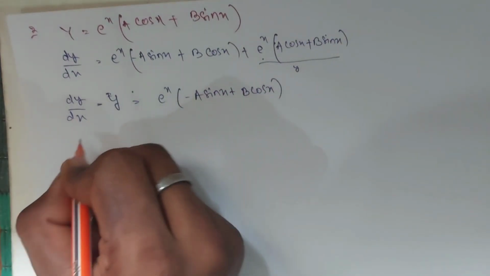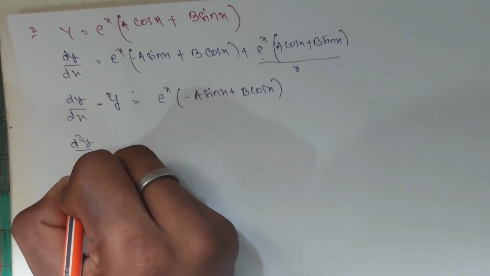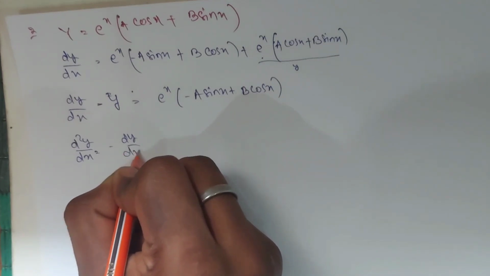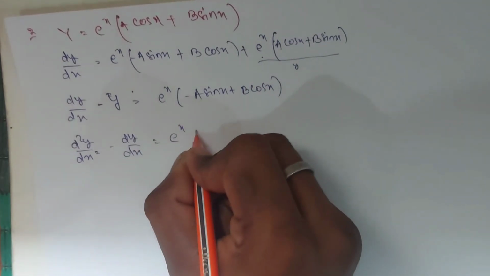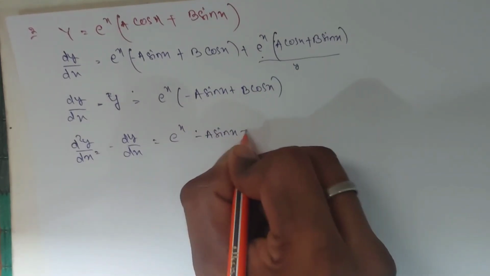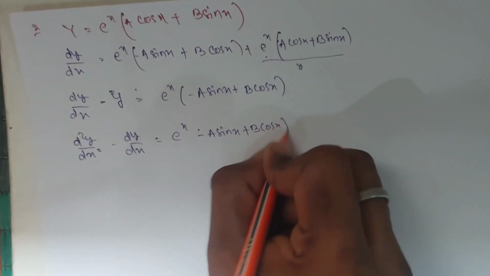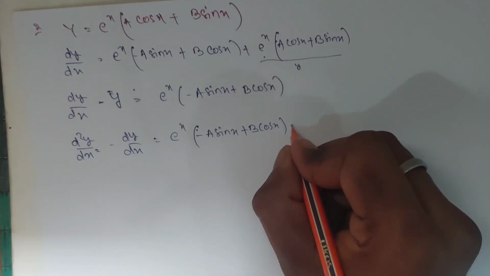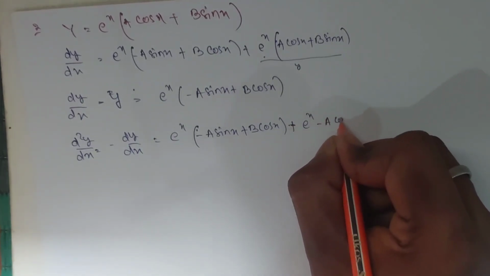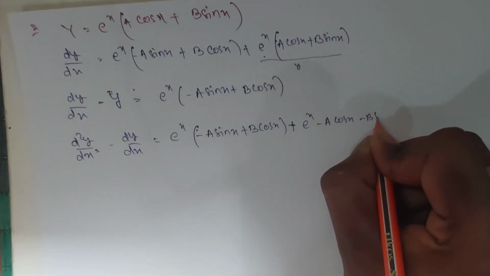Again we differentiate both sides, then what you will get is d square y by dx square minus dy by dx equals e to the power x times (minus a sin x plus b cos x), and another term we get e to the power x times (minus a cos x minus b sin x).